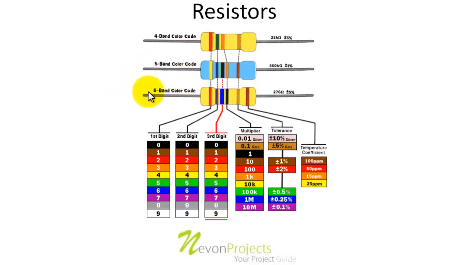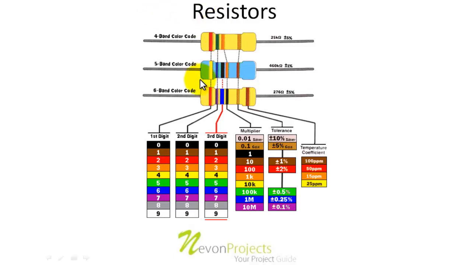Now how do we recognize a particular value of a resistor? For this, the standard method used is the color coding method. In this method we have various color bands depicting the significant digits in the numerical value of the resistor, and also the tolerance band.